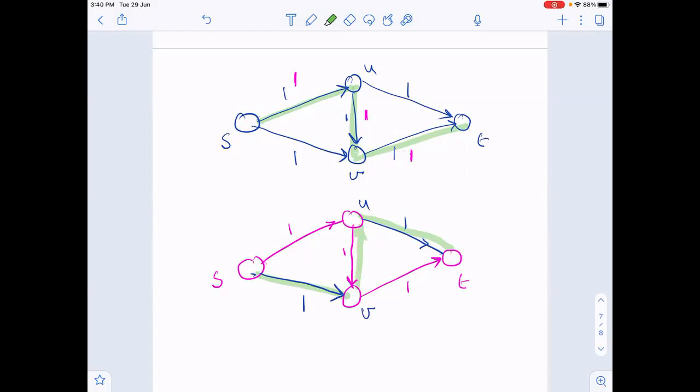And if I push that, then U to V is 1 unit and V to U is 1 unit. So the total amount of mass coming from U to V has cancelled out, right? 1 minus 1 is 0. And I push this unit 1 here. So this is 0.